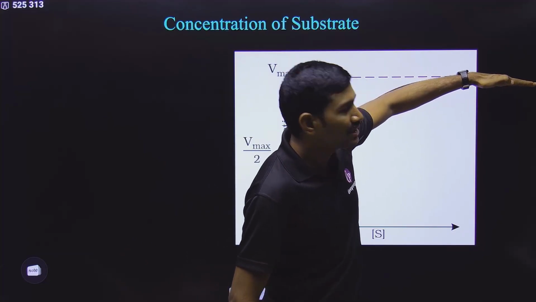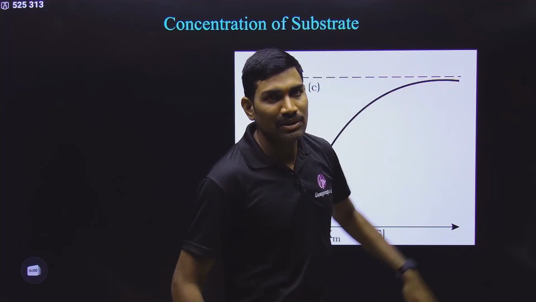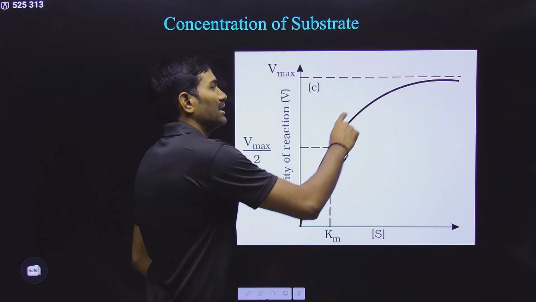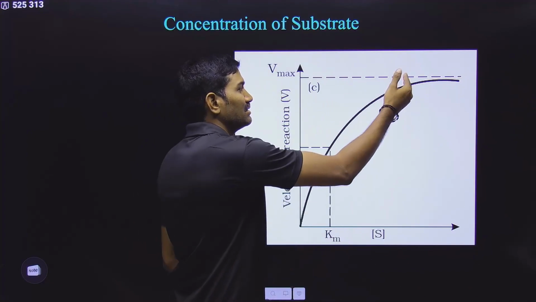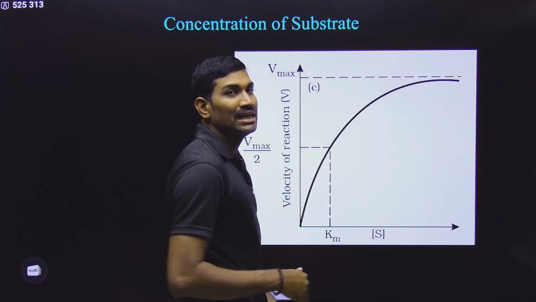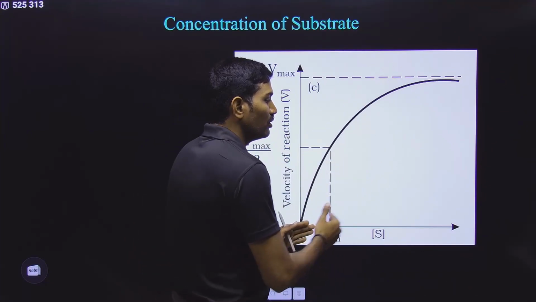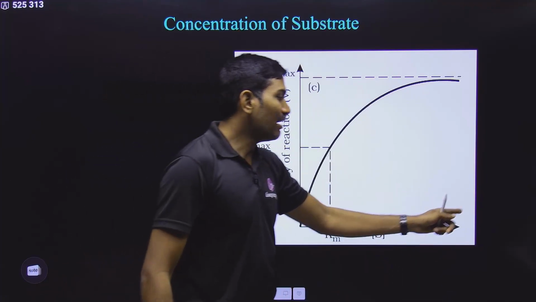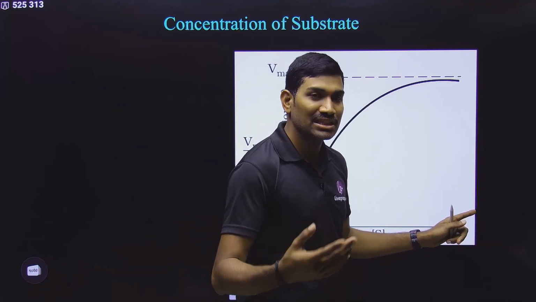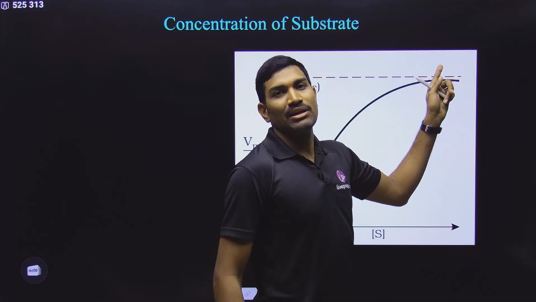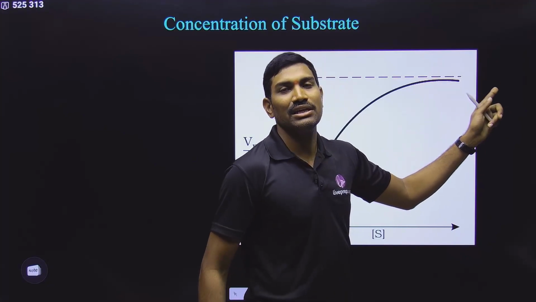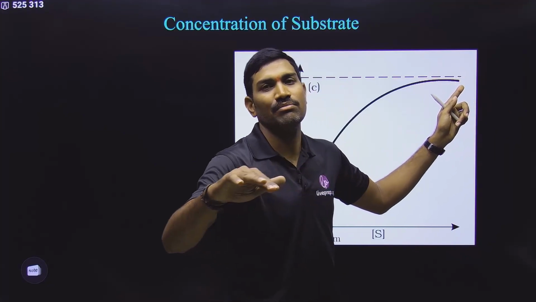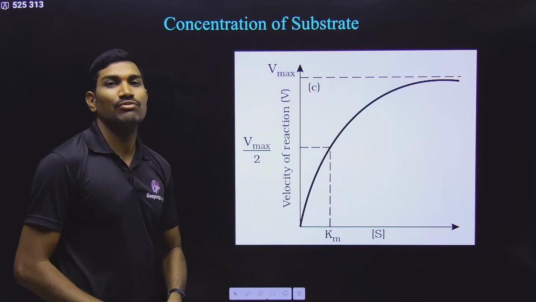From here onwards you get a straight line. That means enzyme activity, or rate or velocity of reaction, increases up to a certain extent of increase in substrate concentration, and after that, even though substrate concentration is increased, the rate of reaction remains the same. This is the standard graph that we get.